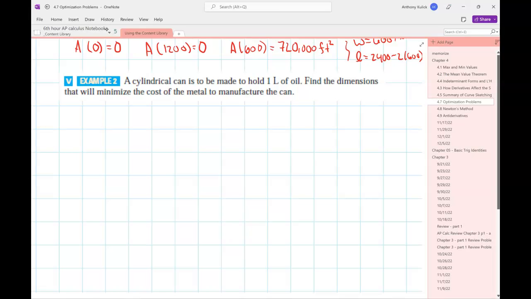Okay, what are we trying to maximize or minimize? How much metal we need to manufacture the can? Sure. Geometrically, what is that? The surface area. That's really what we're trying to minimize.